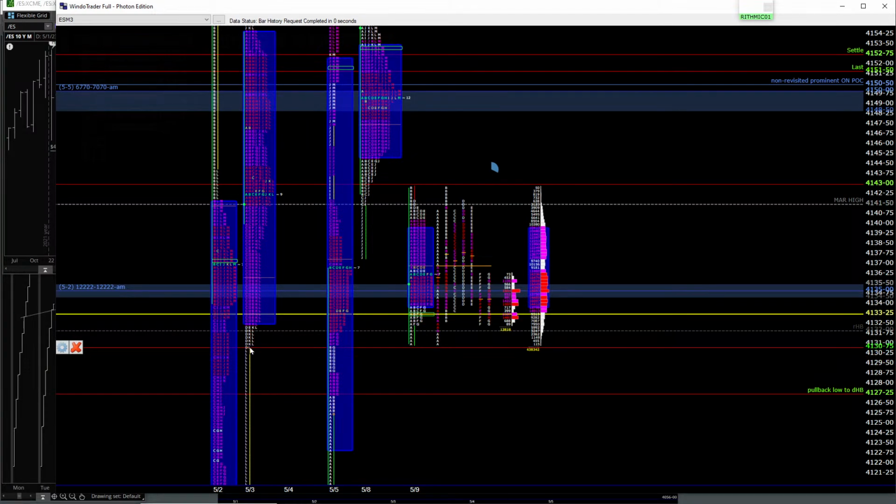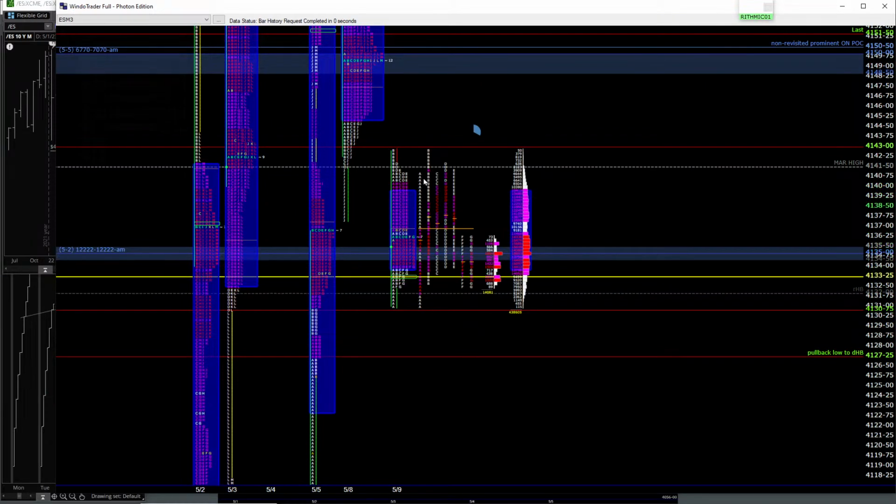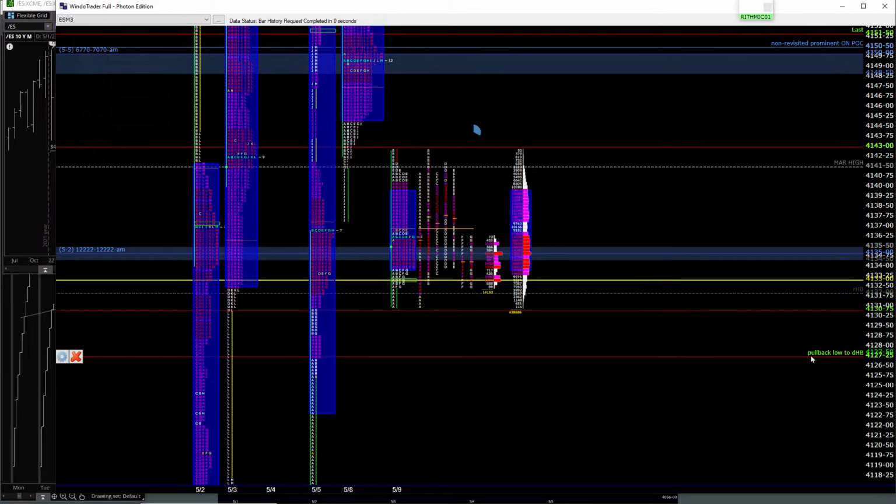There's some kind of weakness at this level here, but this trade is up here. There could be a spike here. As long as the market closes down here, the market will still be inside or above the pullback low from this day.